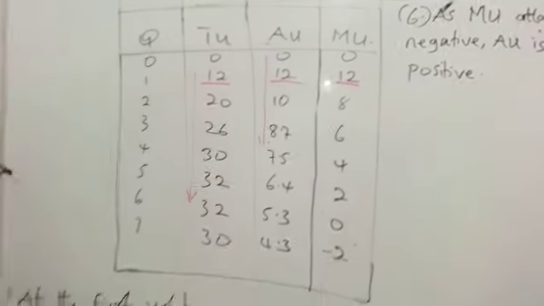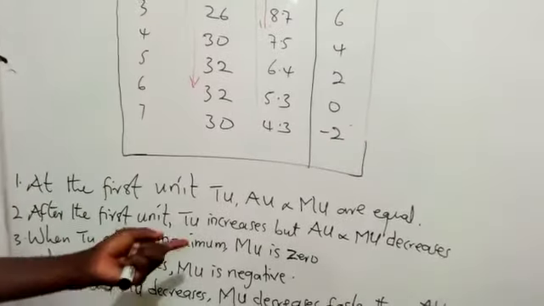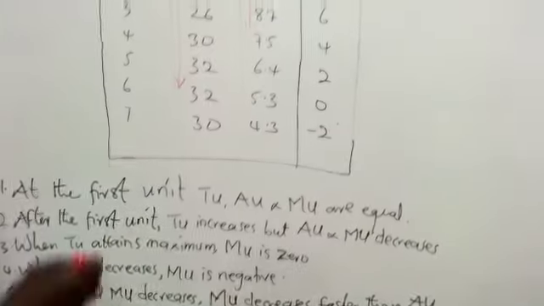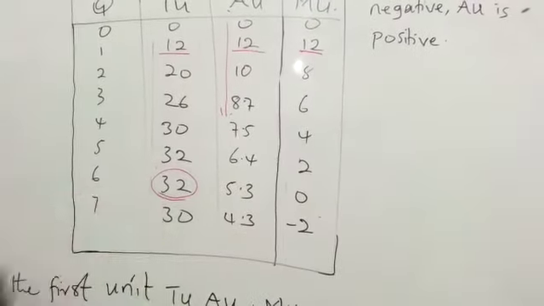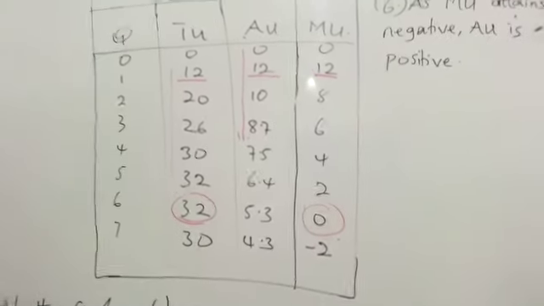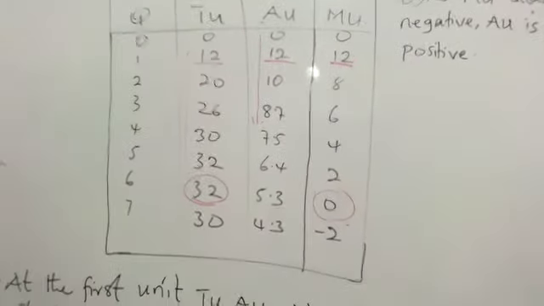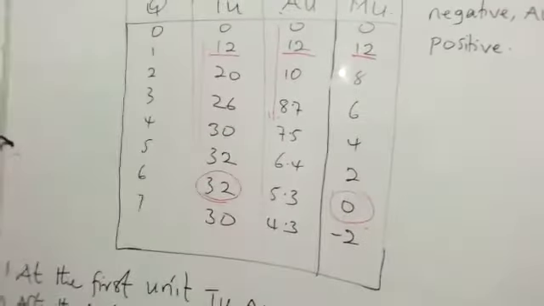Is that okay? Then the third one, we said when TU attains maximum, MU is 0. So when total utility attains a maximum at this point, marginal utility is 0 there. Is that okay? Anytime marginal utility is 0, it means total utility has attained what? Maximum.